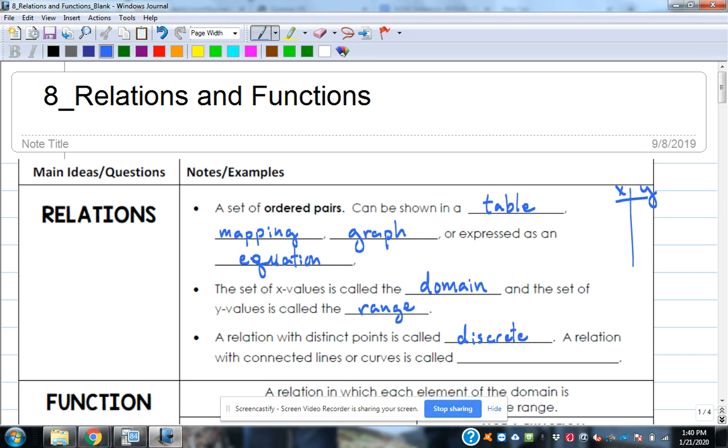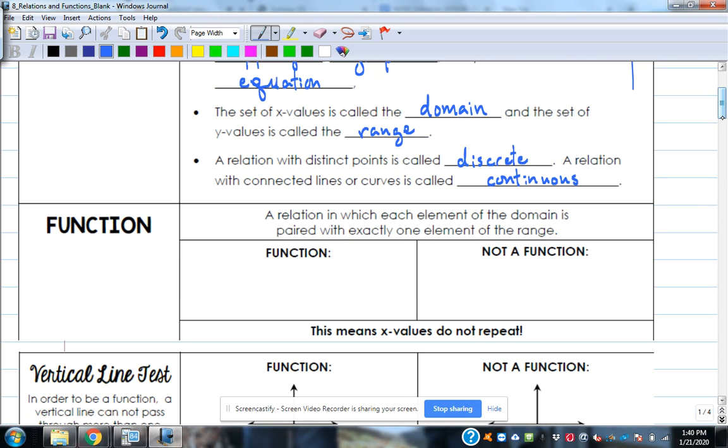And then a relation with connected lines or curves is called continuous. Continuous is just as it says, connected lines, though it doesn't have to be necessarily a straight line. As we get further in the semester, we'll get into more curved lines and things like that.